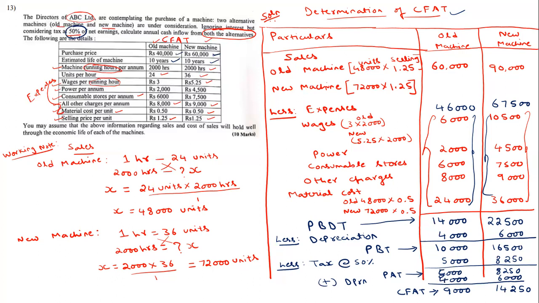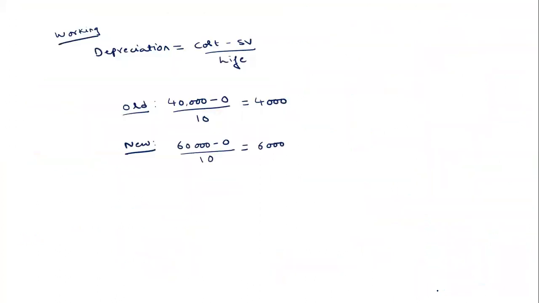Now, if I want to apply an investment decision technique, since there is no time value of money involved here, certainly I can calculate the payback period. Let me just take it here. I'll show you how we get the payback period for both the machines to take the decision.